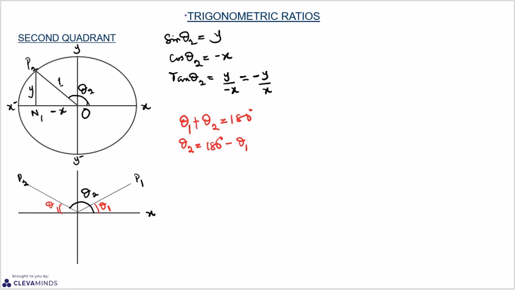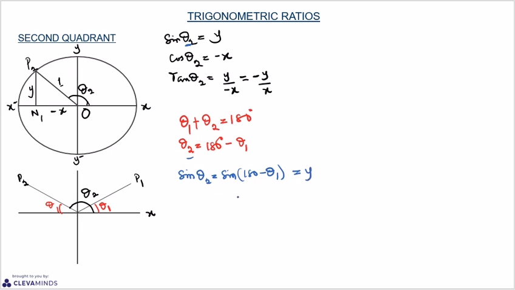Good. Now sine theta 2 is y. And remember theta 2 is 180 minus theta 1, right? So I can conclude that sine theta 2 is the same thing as sine of 180 minus theta 1, which is equal to y. Do you understand? Good.